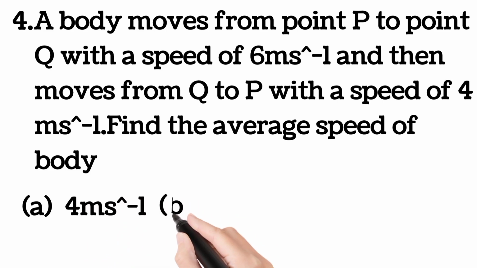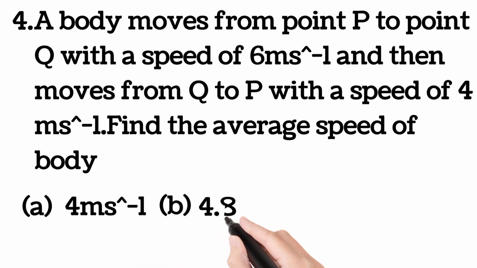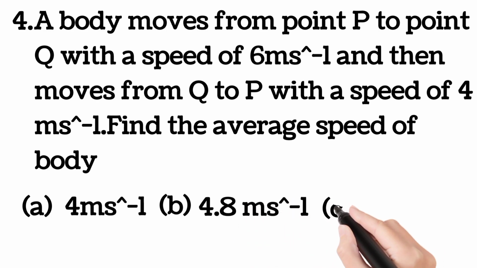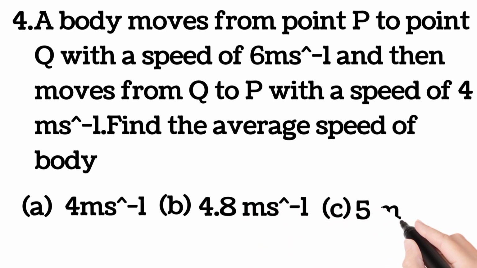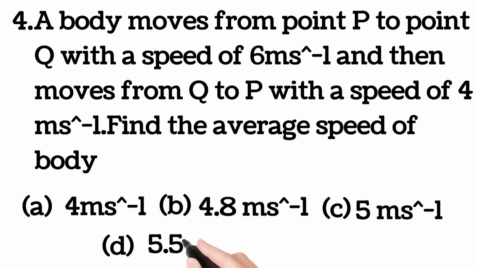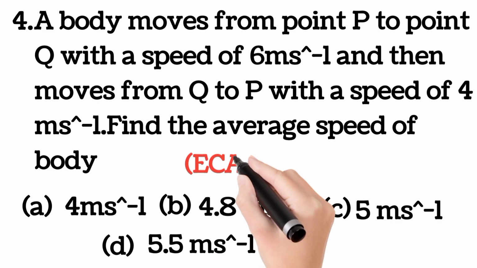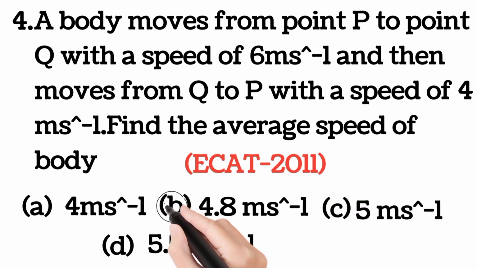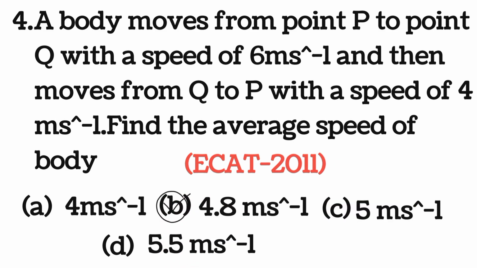The B option is 4.8 meters per second. The C option is 5 meters per second, and the D option is 5.5 meters per second. This MCQ was asked in competitive exam ECAT 2011. The correct option is B, 4.8 meters per second. Let's resolve.